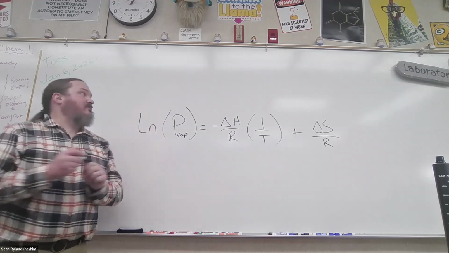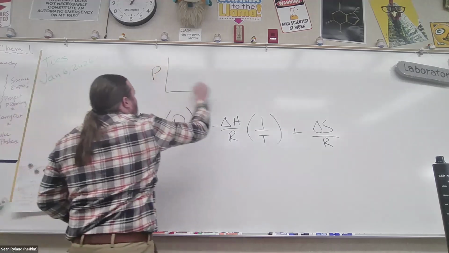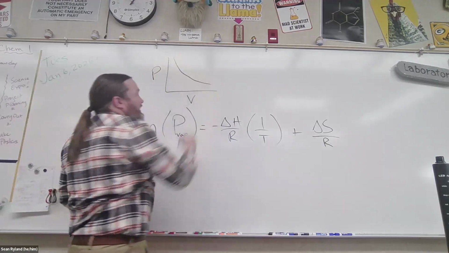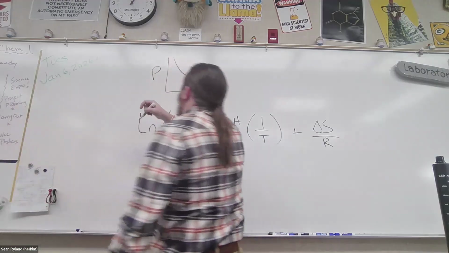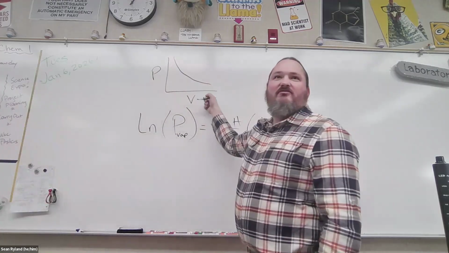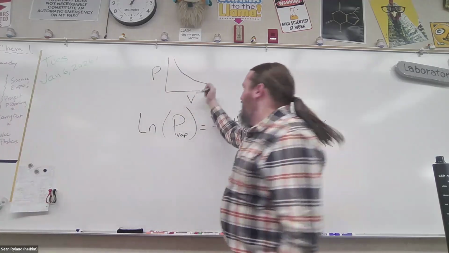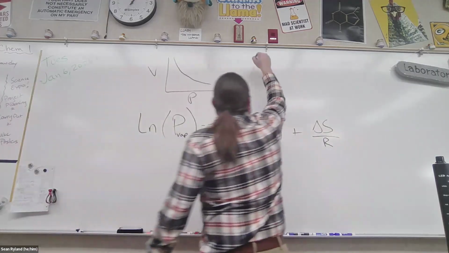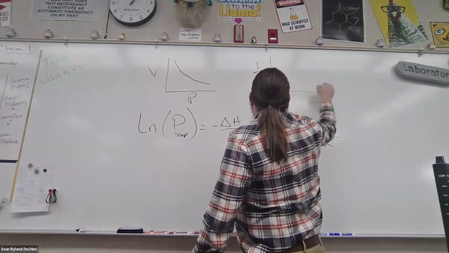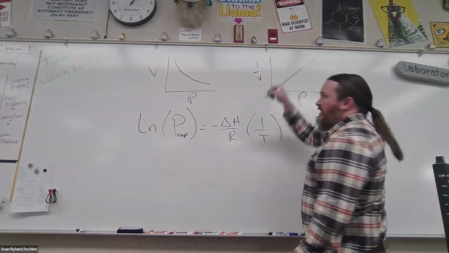We plotted pressure versus volume, and we got something that looked like a 1 over X graph. And then we said, okay, well, what if we plot 1 over volume versus pressure? I think we had the axes flipped. We got a straight line.